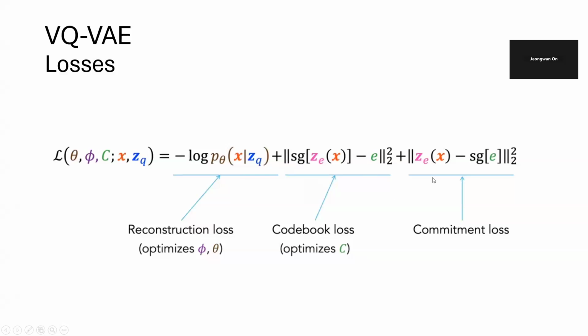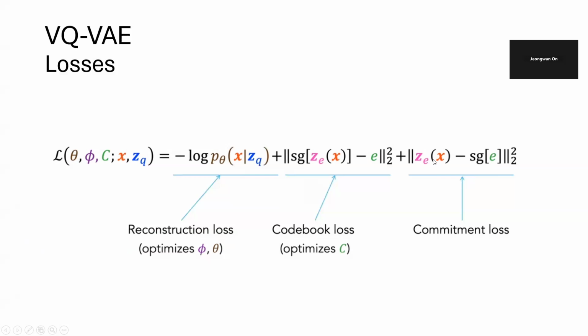And then comes the commitment loss term. The expression is the same, except that the stop gradient is on the codebook vector instead. This is done so that the codebook vector is not updated with this, while the encoder is updated with this.